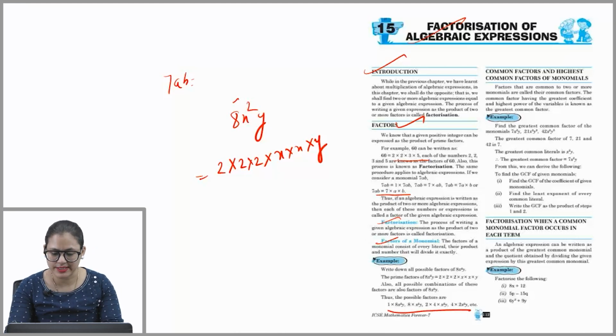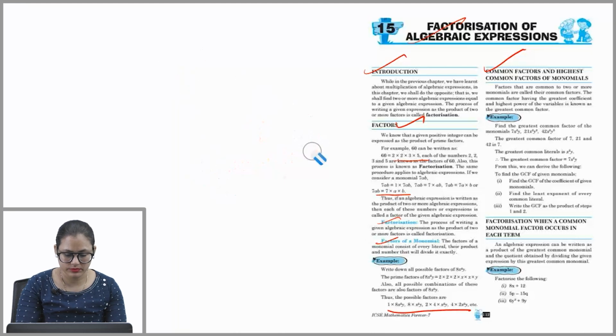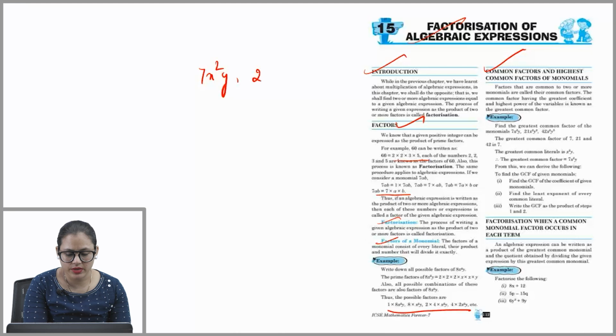Now, common factors and highest common factors of monomials. Factors that are common to two or more monomials are called their common factors. The common factor having the greatest coefficient and highest power of the variables is known as the greatest common factor. Example: we have to find the greatest common factor of the monomials 7x square y, 21x square y square and 42x square y 5.